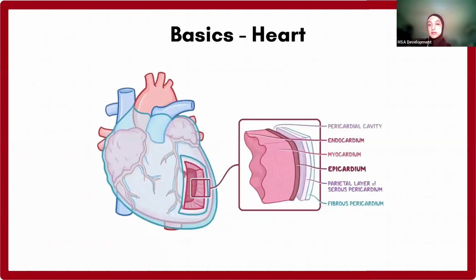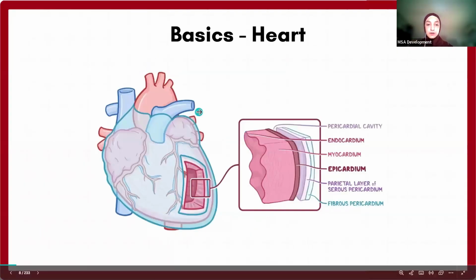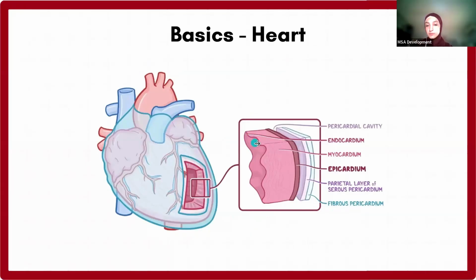Lastly, basics of the heart. The heart has many layers, and just to go over them real quick, we have the endocardium, the innermost layer, which faces the blood whenever the heart is pumping. Then we have the myocardium, the thickest one, and from its name, it's the muscle of the heart.